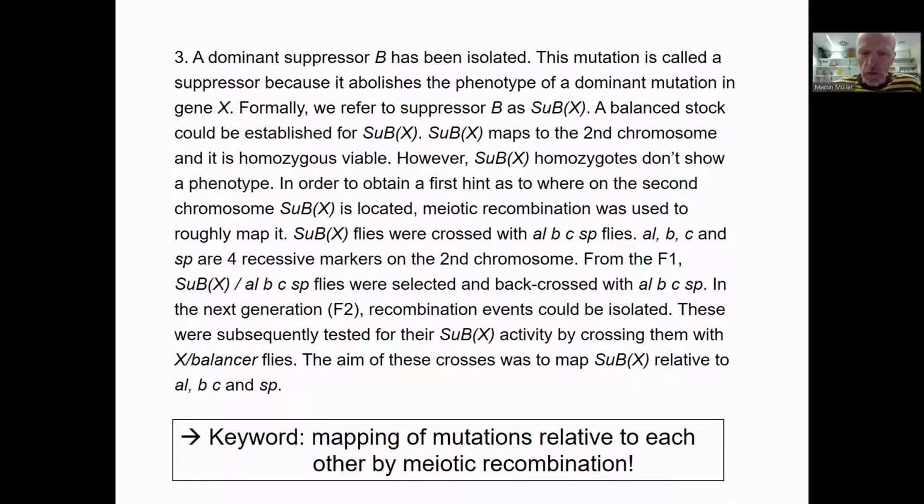And in this process, genetic material can be exchanged between the chromosomes that we obtained from father and mother. In the fly, importantly, meiotic recombination only happens in the female, not in the male.